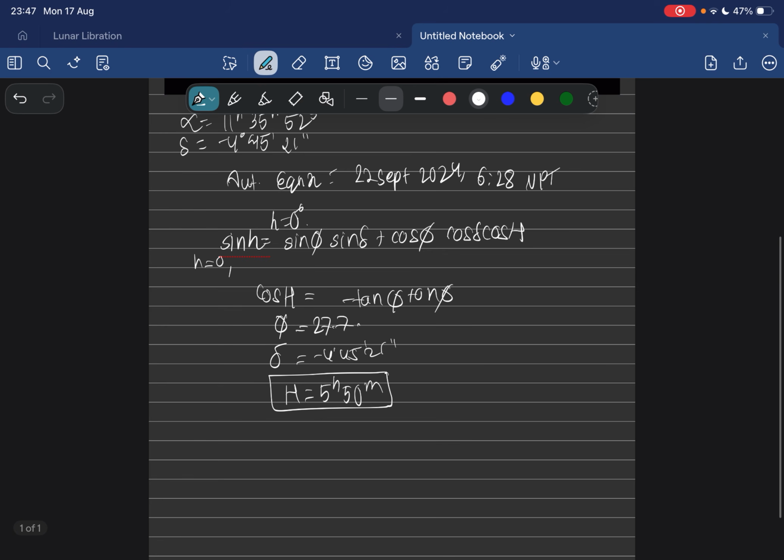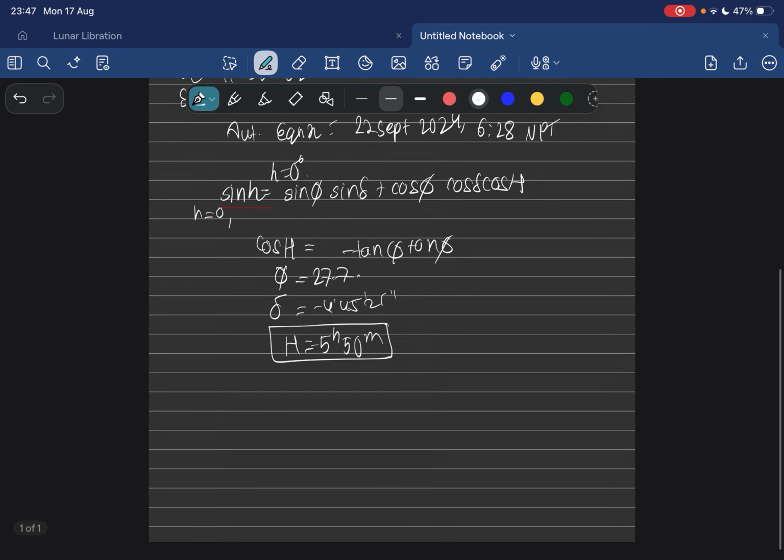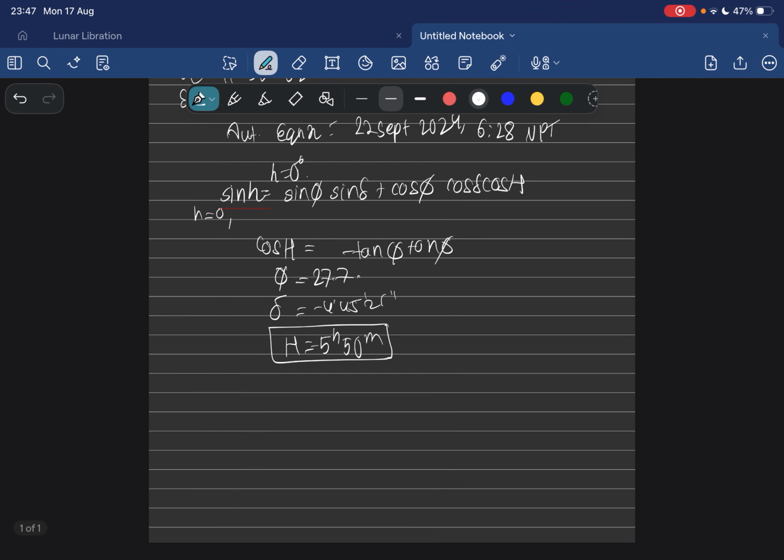So at rising, the star must be east of meridian, and west of meridian is considered positive, so east will be negative. So just write negative right here, 5 hour 50 minute. Find the LST when we have LST equals our hour angle plus RA.